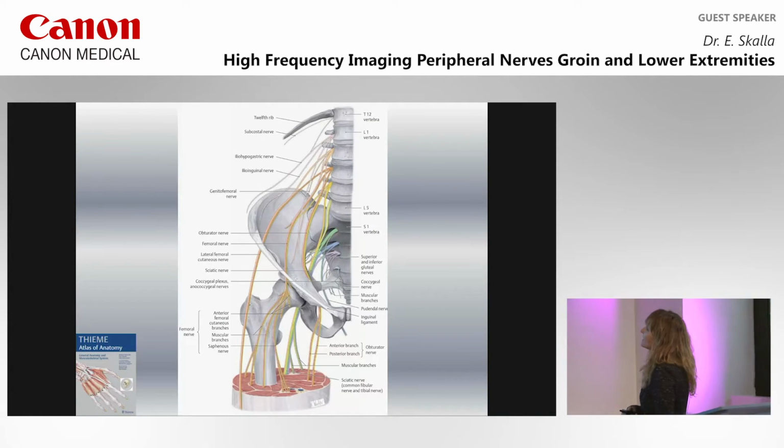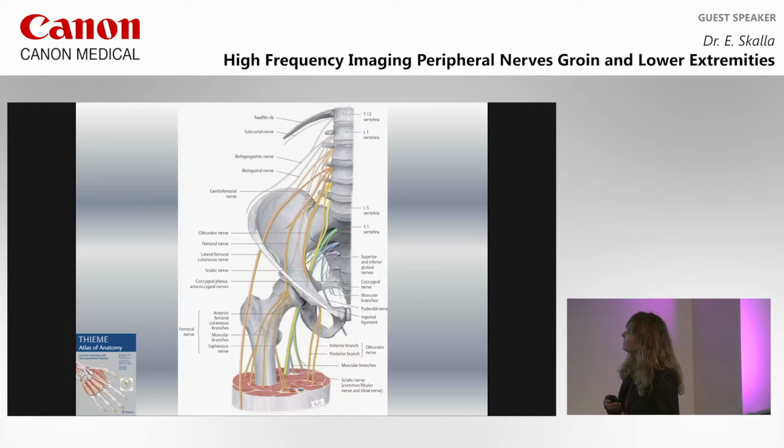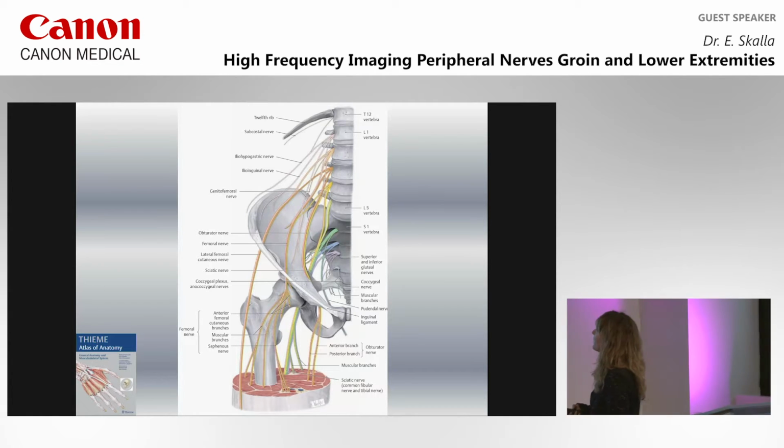So this is the lumbar plexus, and this is a huge web of nerves that emerge from that plexus. Most of the ventral nerves of the lower limb come out of it.